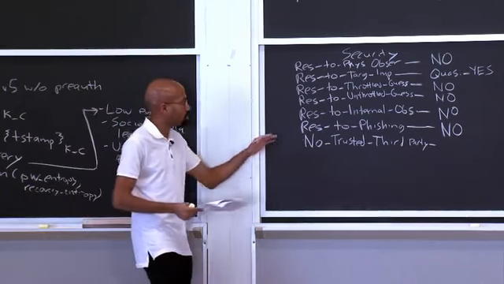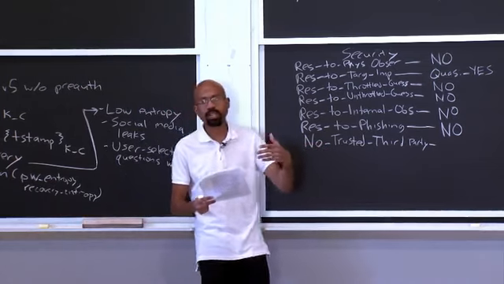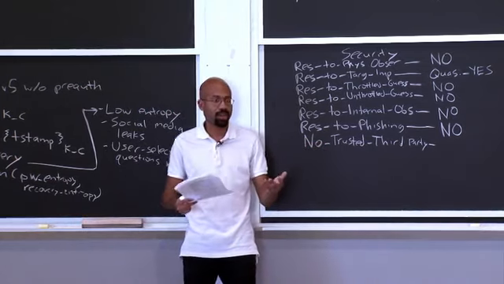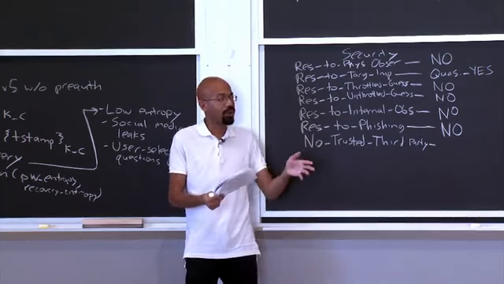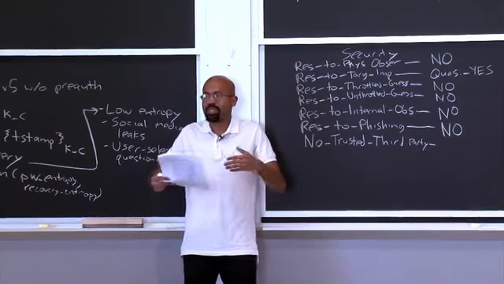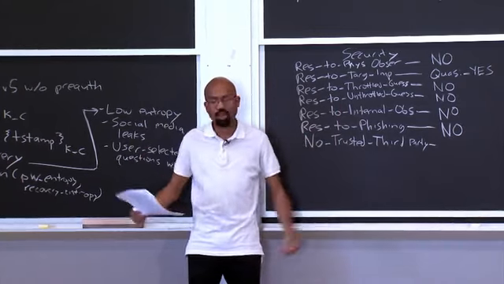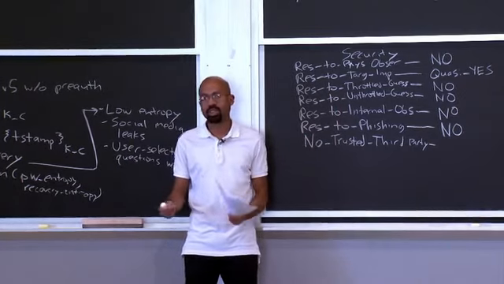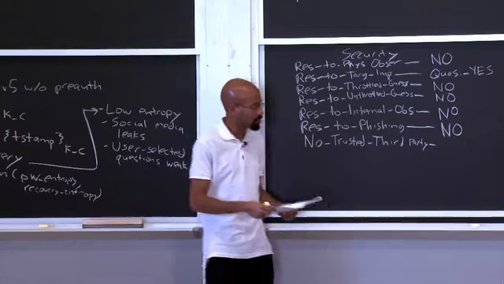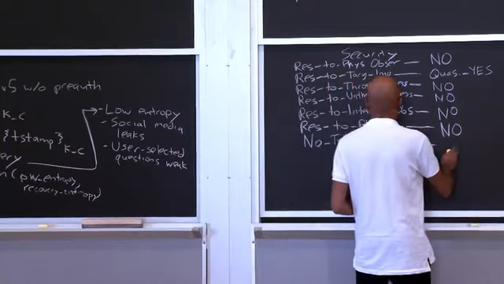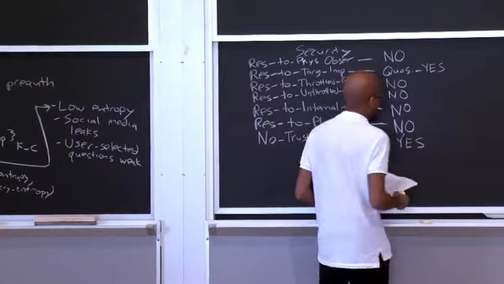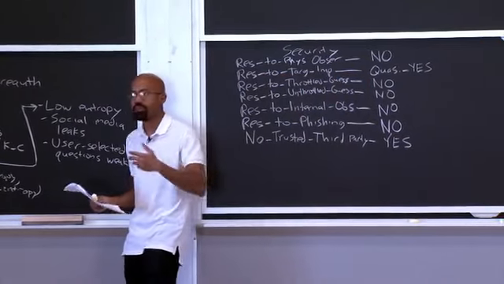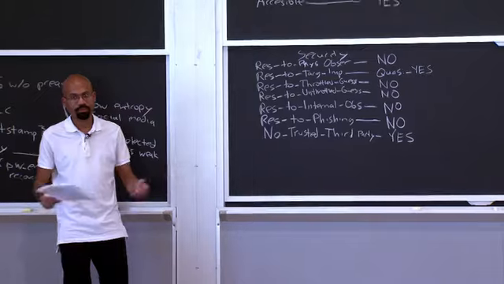Now, of course, third parties are problematic from the perspective of robustness, right? Because if you do have one of these global third parties that everybody trusts, if that third party gets subverted, then perhaps the integrity of all the sites that use that third party to authenticate, all those sites are potentially in danger. So they say that passwords do not have a trusted third party because each user is forced to have a separate password for each site.